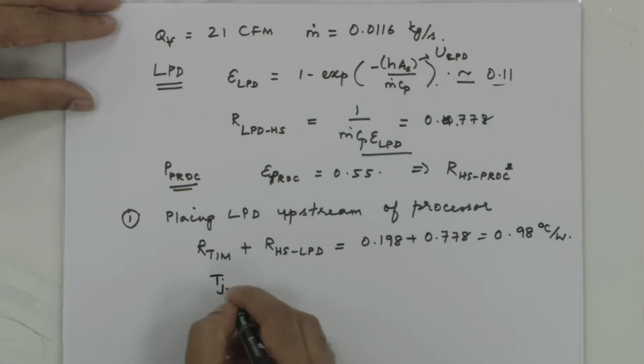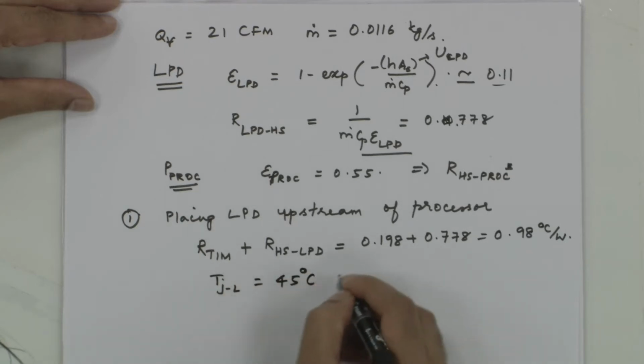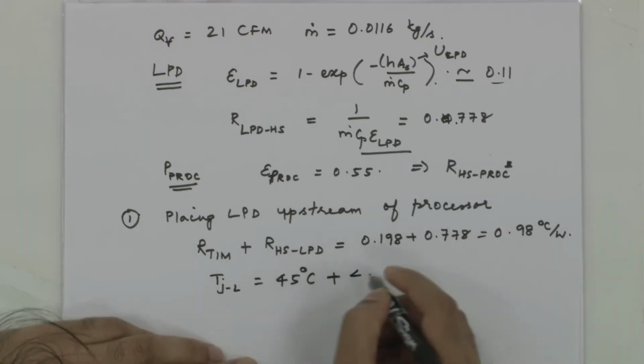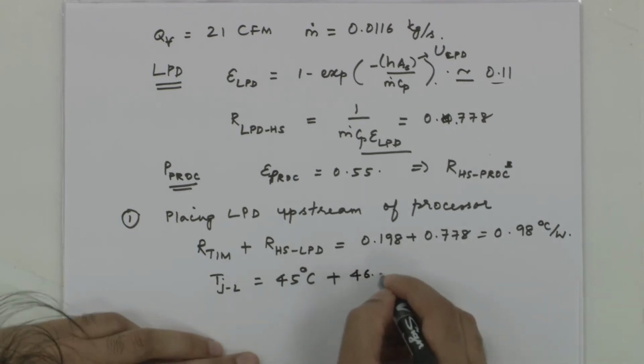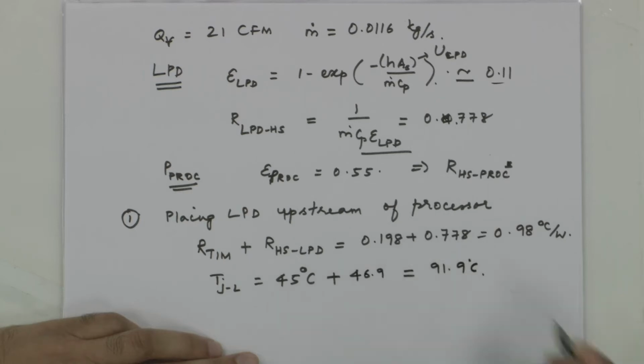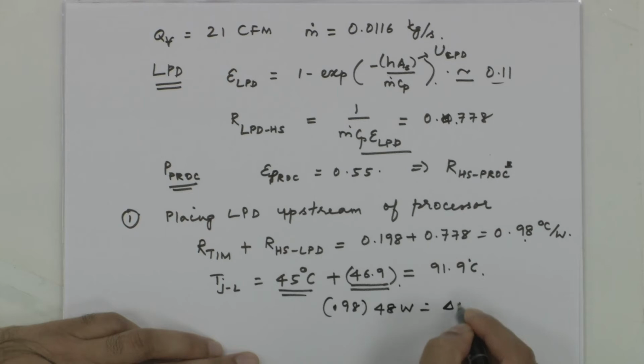Then using this we can calculate the junction temperature. The inlet temperature is given as 45 degrees Celsius, and this is the temperature rise obtained from the 0.98 times 48 watts, which gives the delta T of 46.9 degree Celsius.